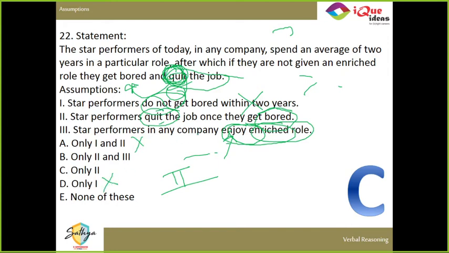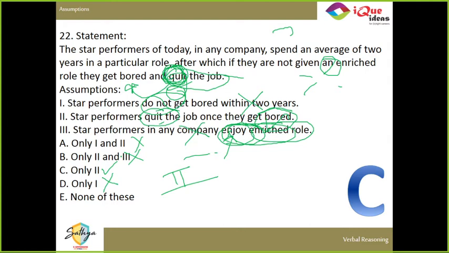And it is not that star performers enjoy an enriched role, but they require an enriched role to not get bored. It is not given that the enriched role is for their enjoyment. But if they don't get an enriched role, then they definitely get bored. So the third one is also not my answer, and hence the best option has to be only 2.